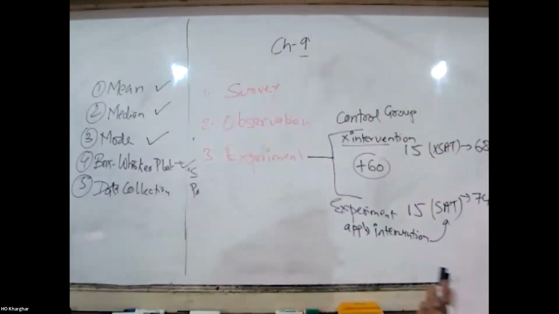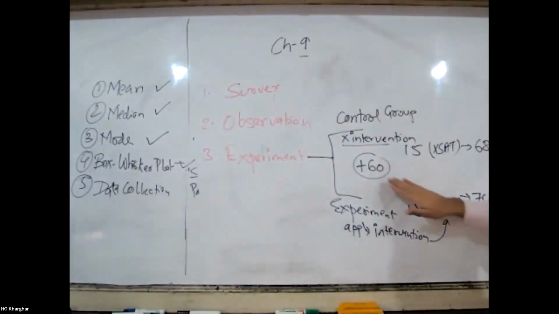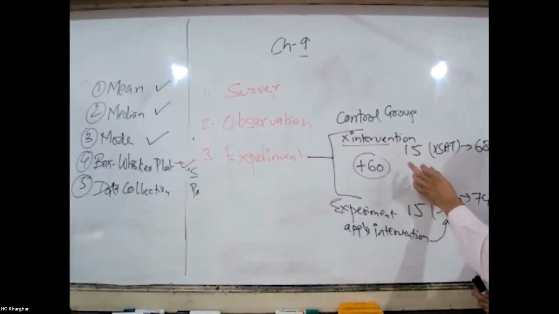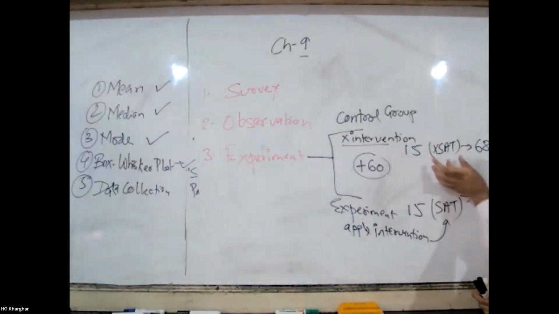Yeah. How'd you get 68 again? Sorry? How'd you get 68? No, 68 that you wrote, 15. So what I said was, this is a hypothetical example. For these 15 students, when no SAT training was given, their score on the math section was 680.